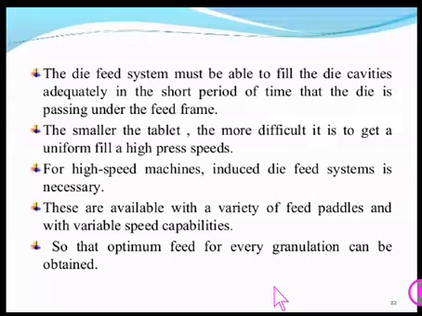The dye feed system must be able to fill the dye cavities adequately in the short period of time when the dye is passing under the feed frame. When we are talking about the filling up of the dye cavities for making of the tablets, the dye cavities are fixed into the dye table, and the dye table is constantly rotating.